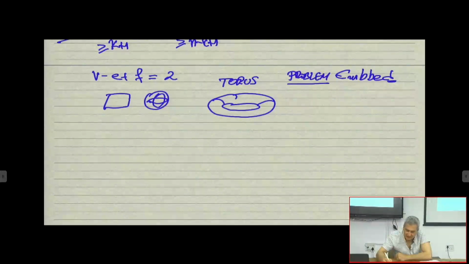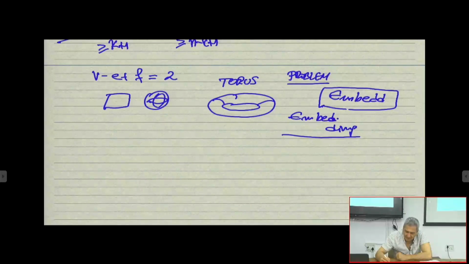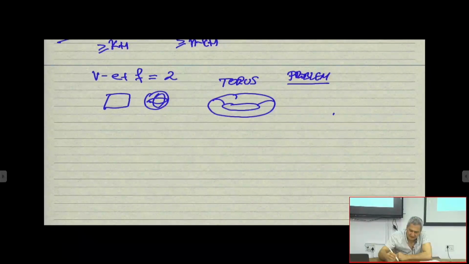If you are writing embedding or embedded, then the letter D should be there. So: embed K7 on the torus.